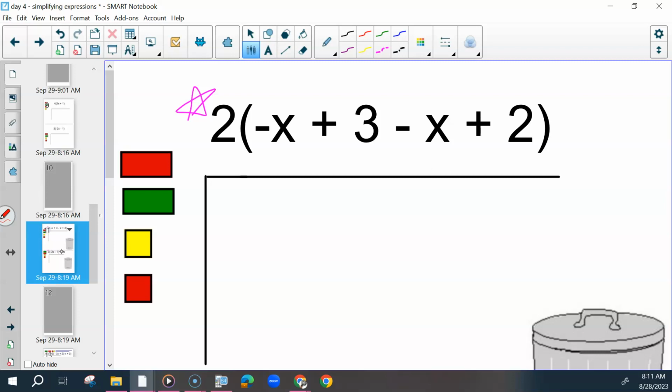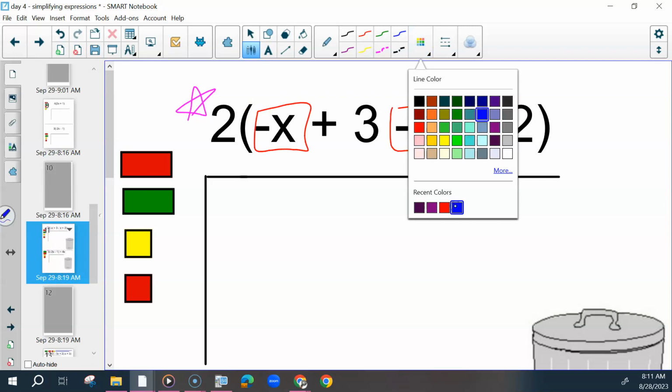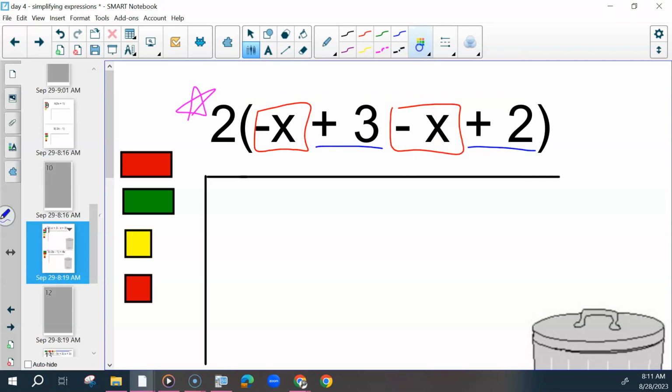So if we were doing what's inside the parentheses first, we would need to combine our like terms. So on the inside of our parentheses, we have negative x minus x. How many x's would that be? Negative 2x, 3 plus 2, 5. So we would combine those first, and then we could distribute.